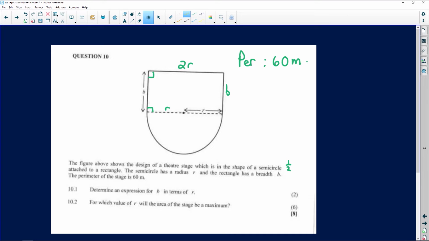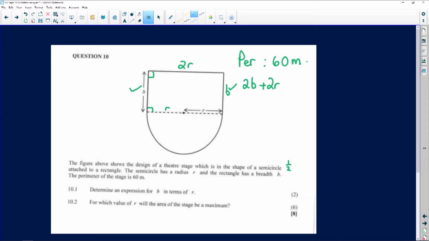Okay, so let's see. If we have our perimeter here, the perimeter will be 2B plus, so it's this side, this 2R, which is at the back, and then here we have the circumference of the circle.